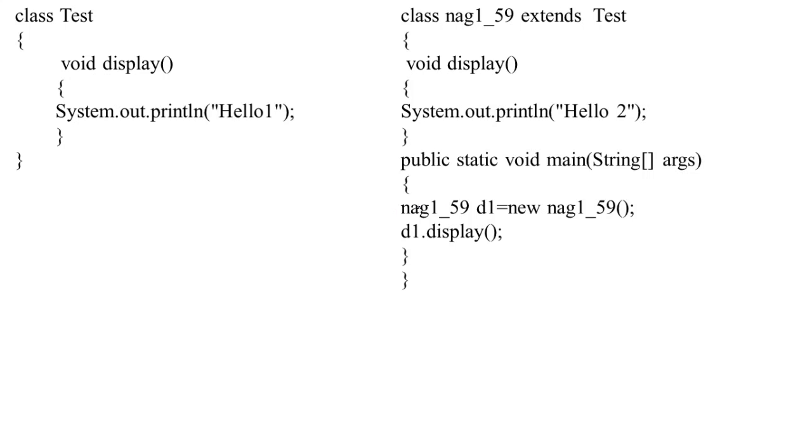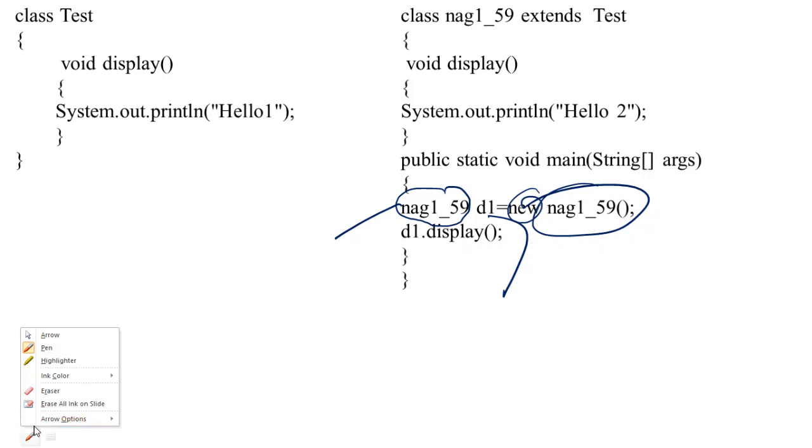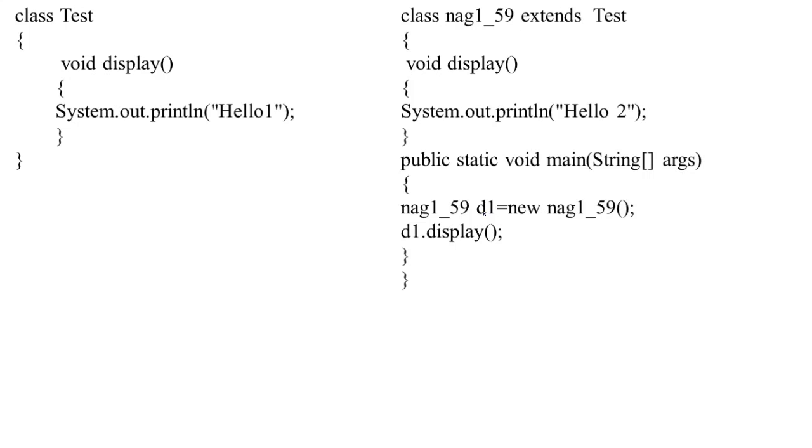This is my class name nog1_59, d1 is the object name, new class name. This is the syntax we learned for creating an object. Now what am I doing? Object dot method: d1 dot display. This subclass can access its superclass void display and its own void display. In which case, what happens with d1 dot display?